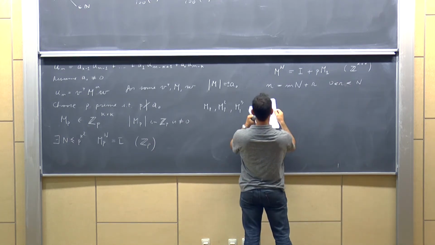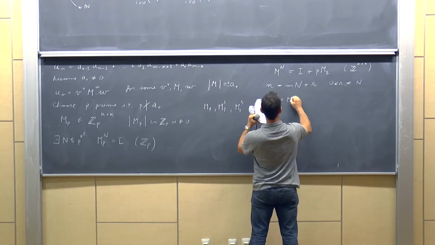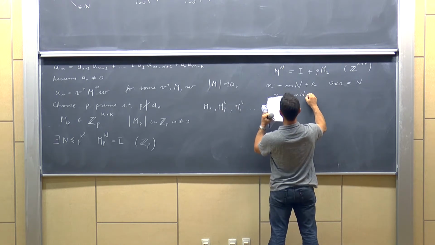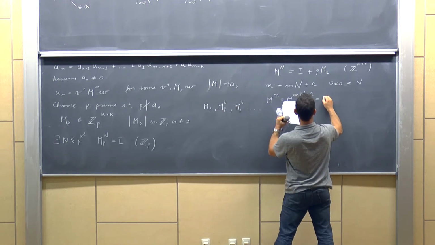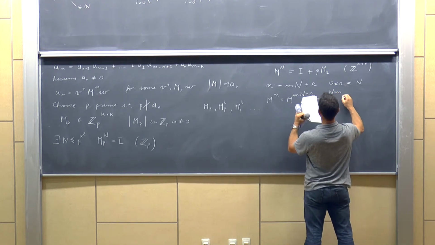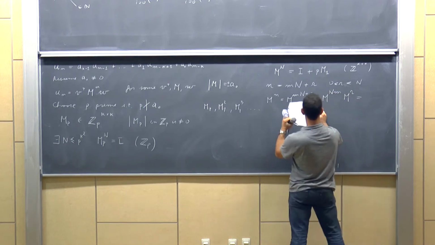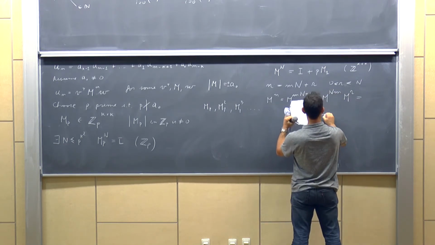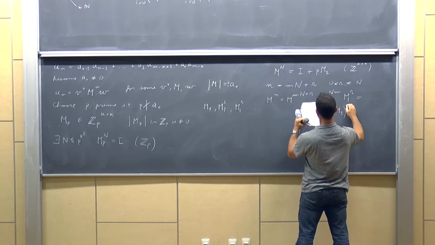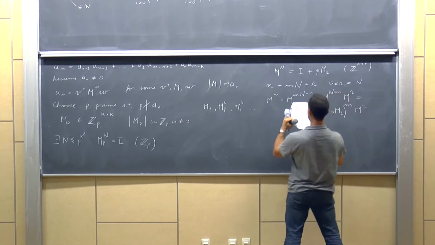Okay, and we have that M to the N is equal to M to the m n plus r, which is equal to M to the n m times M to the r, which is equal to the identity plus P M1, to the m, times M to the r.